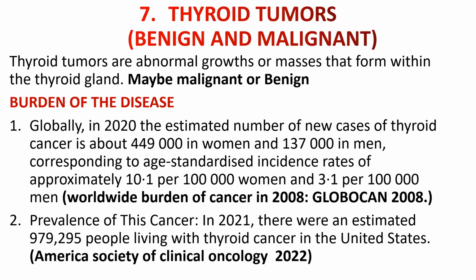So the other thyroid tumors, the benign and malignant. Thyroid tumors are abnormal growths or masses that form within the thyroid gland. They may be malignant or benign.